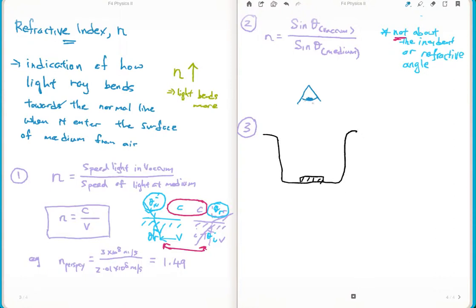Oh yeah, you have water. What happens is, this is the real depth. Always remember the real depth is this, and the coin as you see it is here, and this one is the apparent depth.